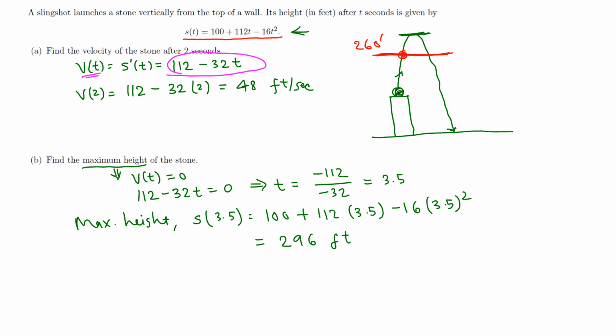What is the velocity when it rises that high? So we said the height equals 260. From there we find the time required by the stone to get there. Once we have the time, we can find the velocity by plugging into the velocity function.